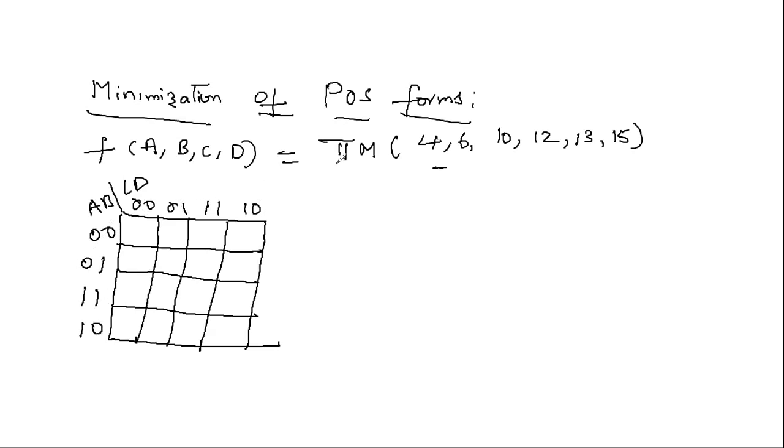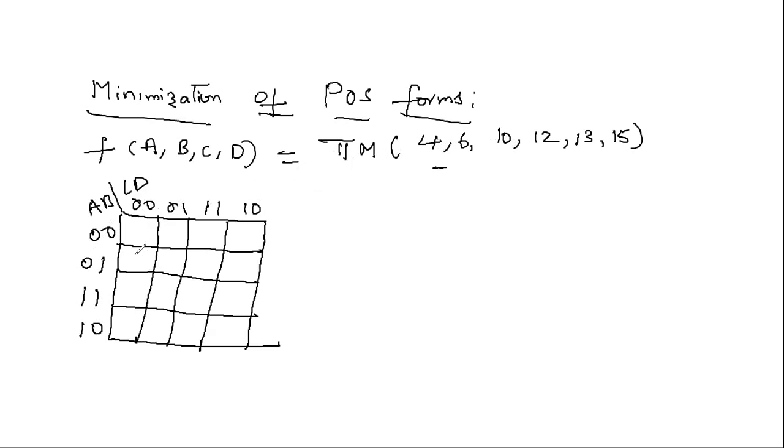Here the numbers are given: 4, 6, 10, 12, 13, 15. How you wrote the ones for the min terms in SOP, the same way you will write for these, but 4, 6, 10, 12, 13, 15 are max terms. There you represent by ones, but here you have to represent it by zeros.